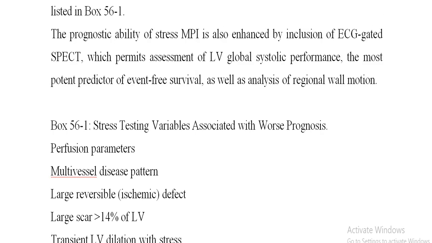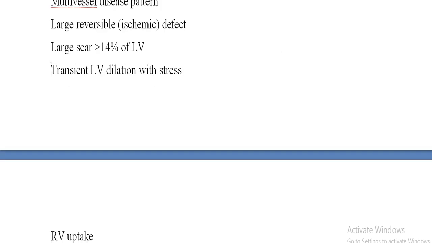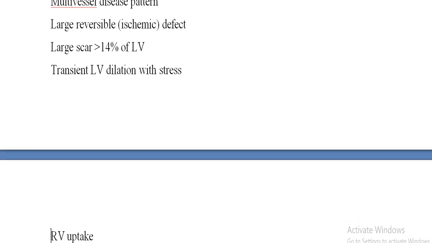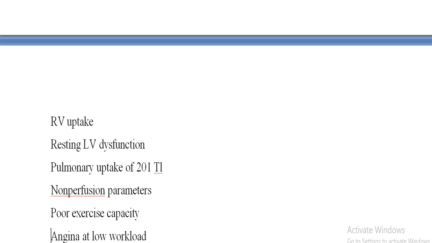Box 56-1. Stress testing variables associated with worse prognosis. Perfusion parameters: multivessel disease pattern, large reversible ischemic defect, large scar greater than 14% of LV, transient LV dilation with stress, RV uptake, resting LV dysfunction, pulmonary uptake of 201Tl.